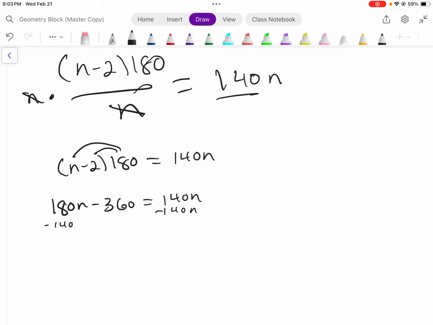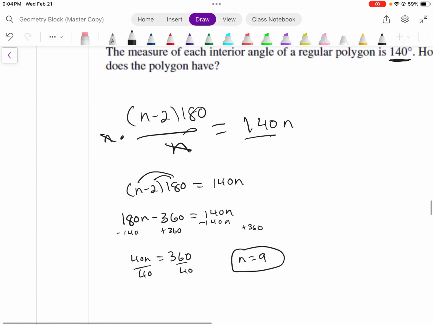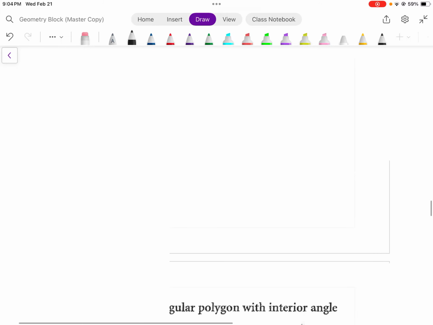Subtracting that over and adding the 360 over, we end up with 40n equals 360. Divide, and n is equal to 9. So a regular polygon that has 140 degree angle measures is a nonagon, with 9 sides.